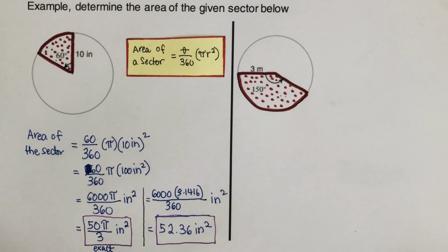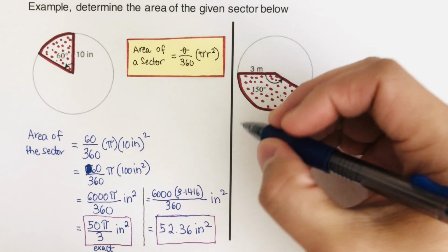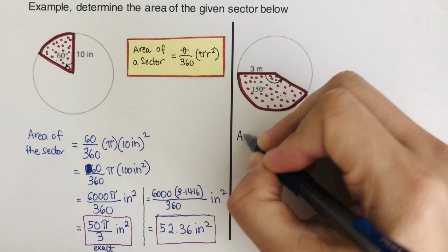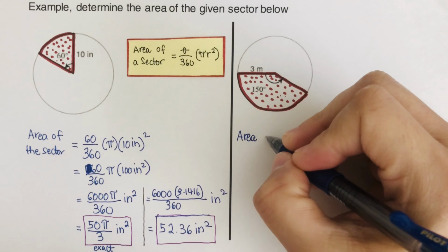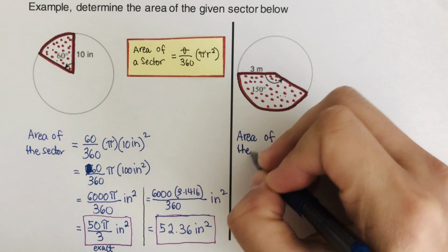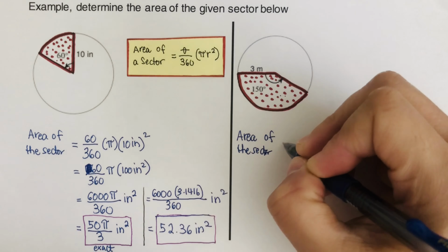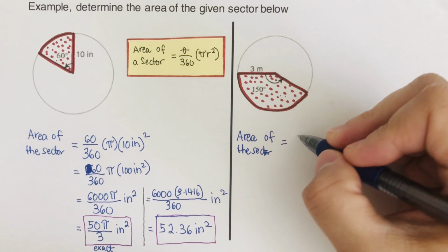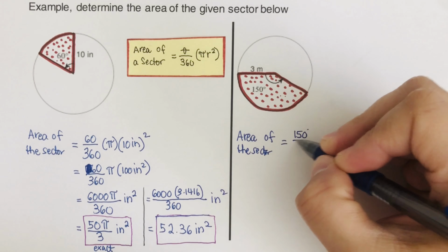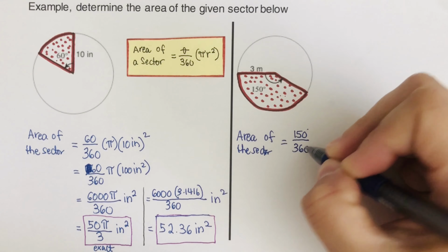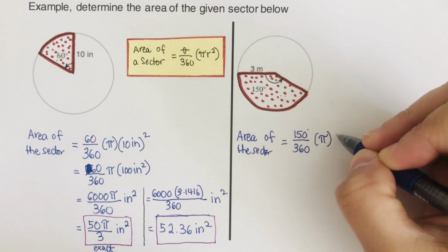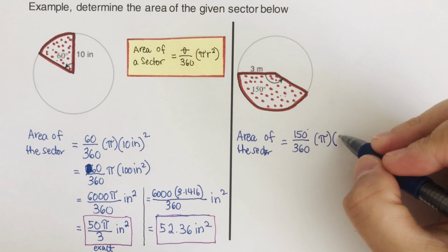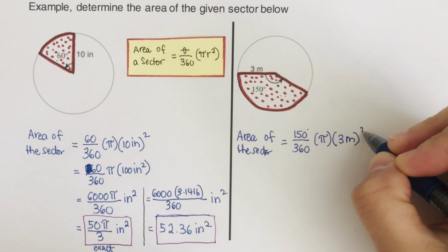Okay, so we go over the problem here. It's pretty much the same thing. The area of this sector, I'm going to write that over here, is equal to the theta that we have, 150 degrees, over 360, times pi, times our radius, which is 3 meters, squared.